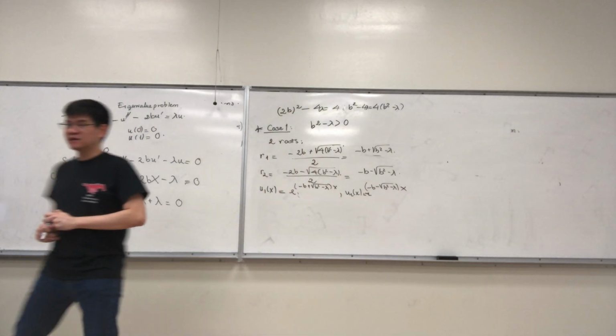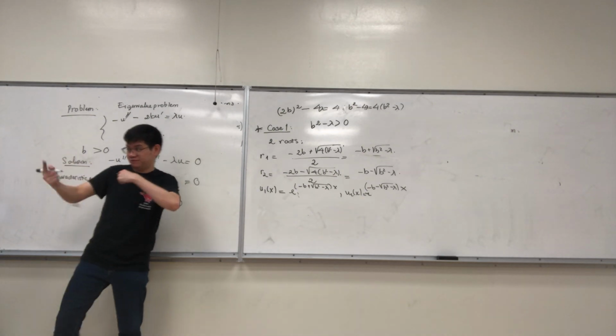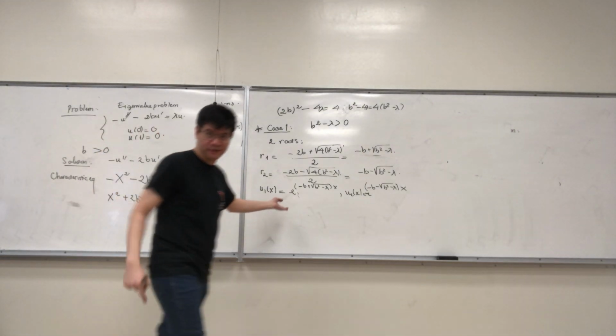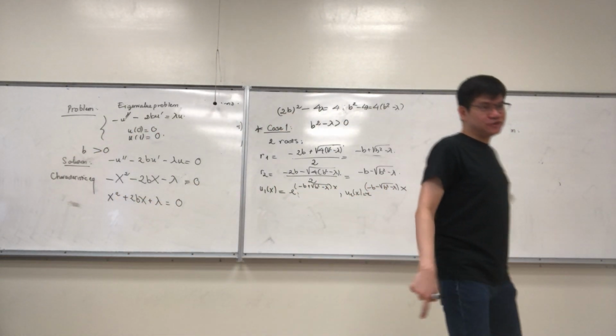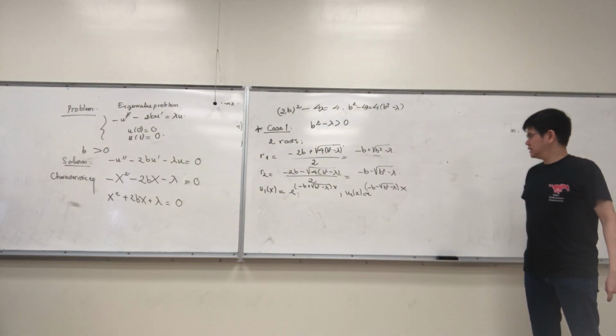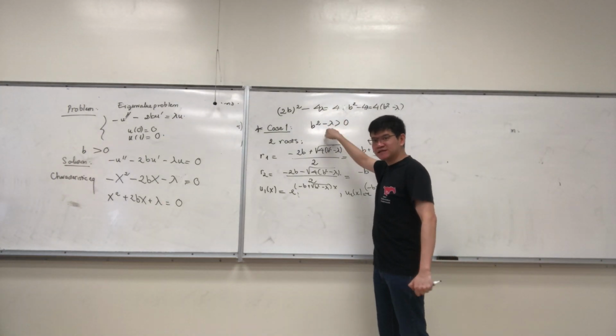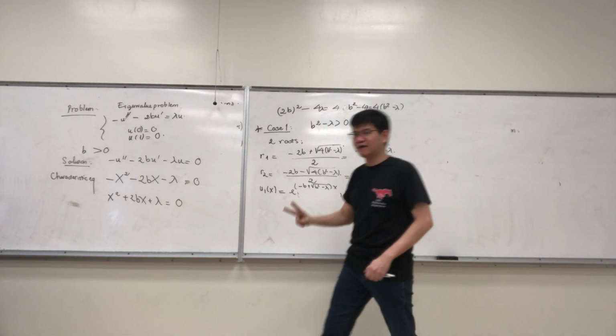Alright? I don't explain why you get those solutions, because this is from the previous class. But if you want me to explain it, I'm going to take one lecture and derive this formula for you. So I explain again. In the case when b squared minus lambda is positive, you're going to have two roots.